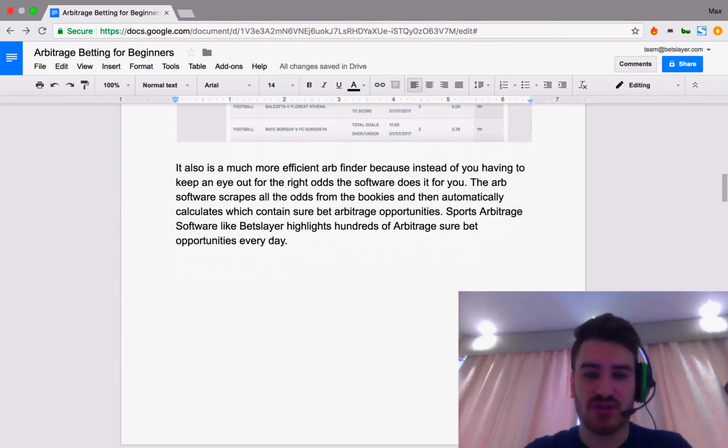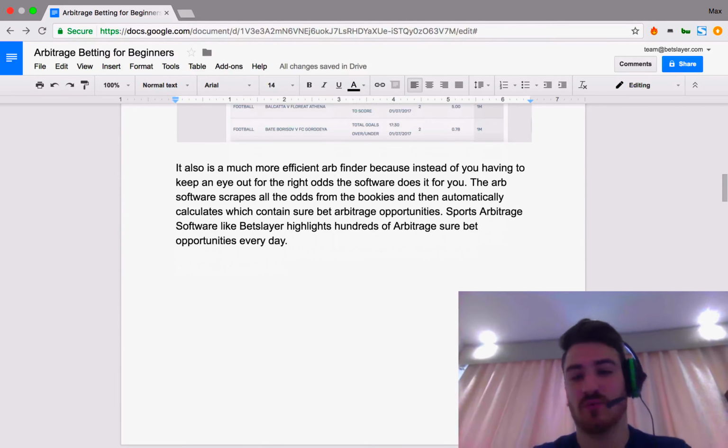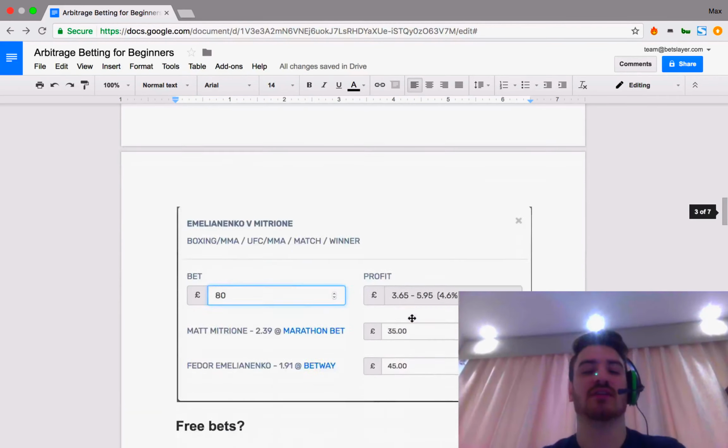Instead of having to keep an eye out for the right odds and then calculate it, it does it all for you and highlights hundreds of arbs every day. Software like betslip definitely does.